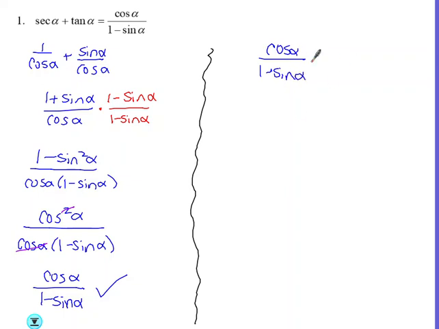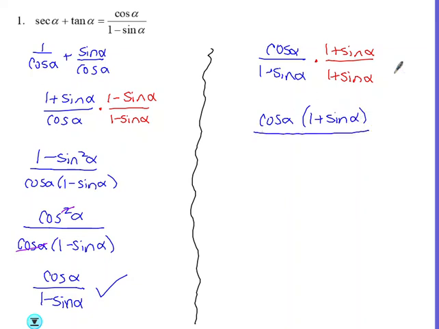So I would want to multiply by 1 plus sine of alpha over 1 plus sine of alpha. My numerator I'm going to leave as cosine alpha, 1 plus sine of alpha. The denominator, if you multiply these together, you get 1 minus sine squared alpha.